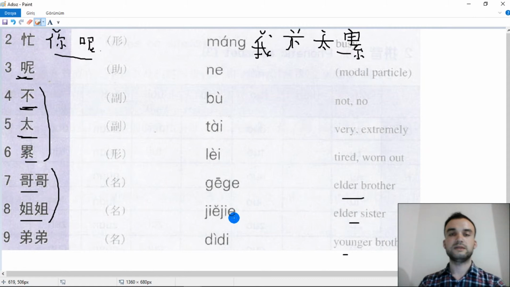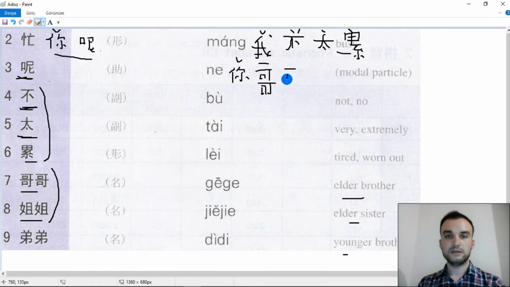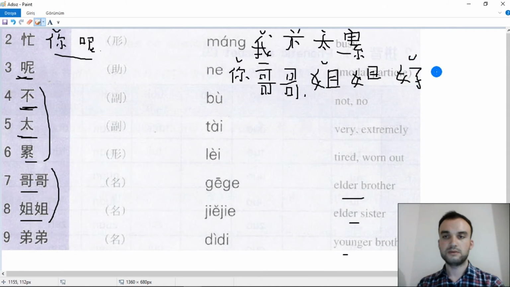Is your elder brother and elder sister good, okay? 你哥哥姐姐好吗?